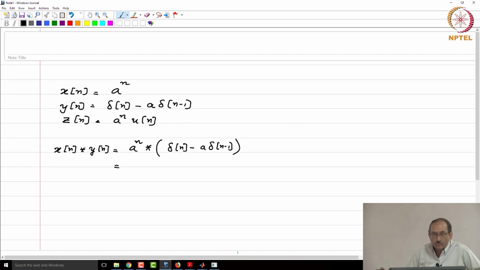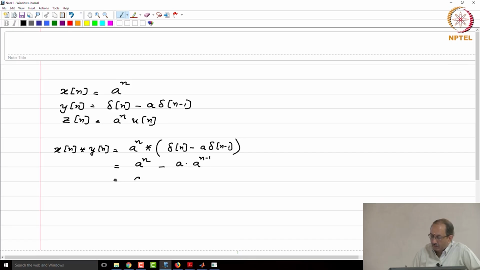Okay, I think you need to push pen on paper rather than staring at the screen. So this of course: a power n convolved with delta of n is a power n, minus a times a power n convolved with delta of n minus 1, which is a power n minus 1.